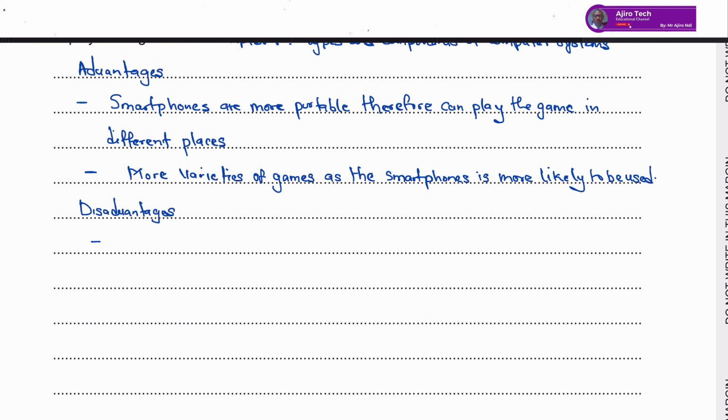So you have a smaller screen, a disadvantage on the smartphone, which makes it difficult to see the content of the game.